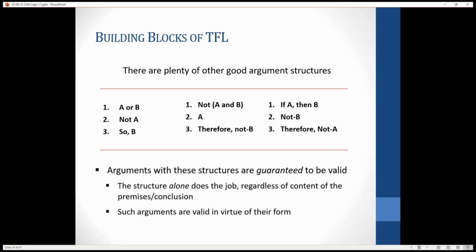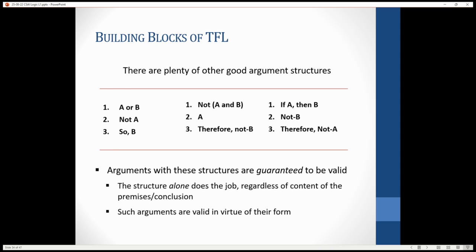If the match lights, then there's oxygen present. What happens if there's no oxygen present? The match can't light, no matter how hard you try. Again, that's just one example. But generally, if you have a conditional like that and you know that the second part's false, you know that the first part couldn't have happened.